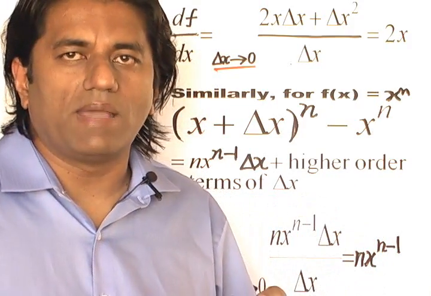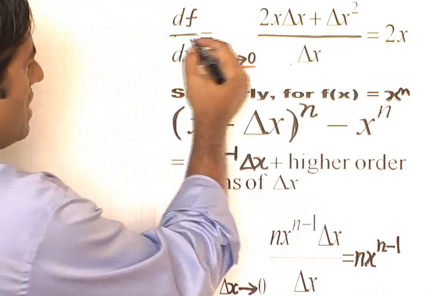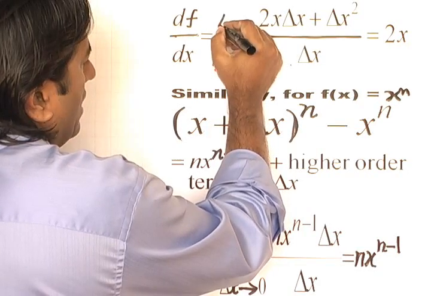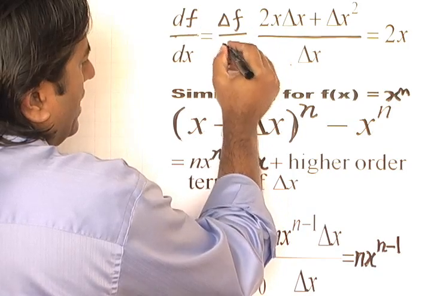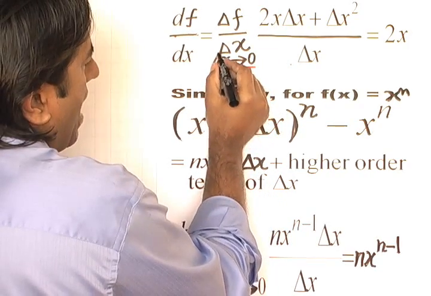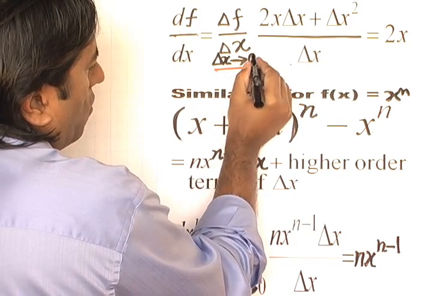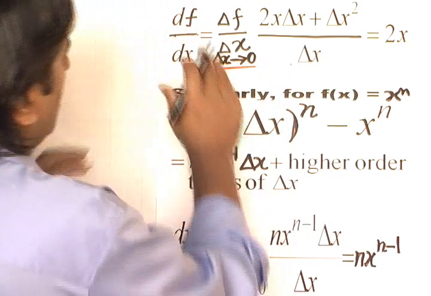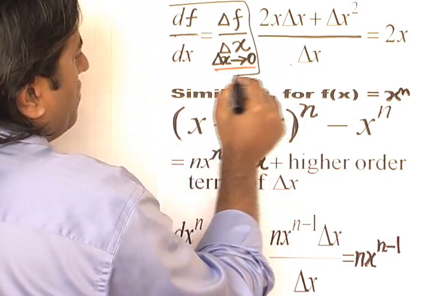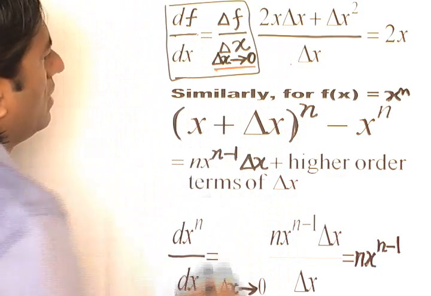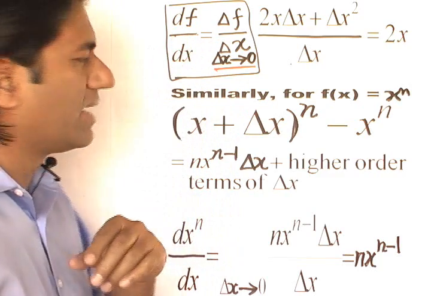Now formally in mathematics, the derivative is defined as the change in the function delta f divided by the change in the independent variable x, as the change in the independent variable, that is delta x, tends to 0. So derivative is defined as this, and that then is represented as df by dx.